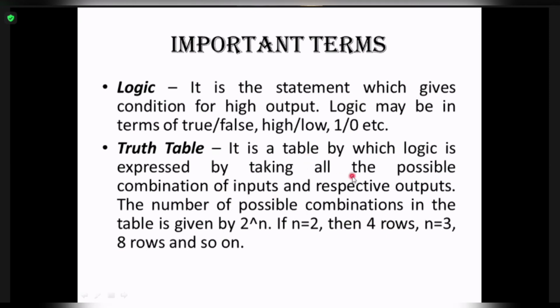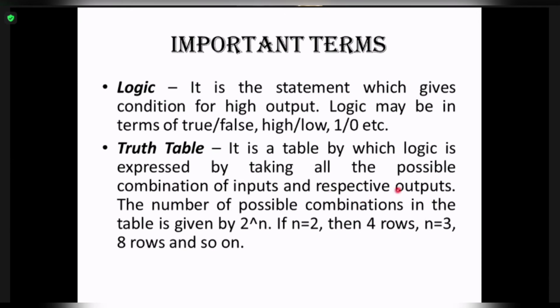So over here, the set of possible inputs will be there, and you will have the respective output for that input combination. And the output, as I said, will only be one. We have exactly one output for any particular logic gate.